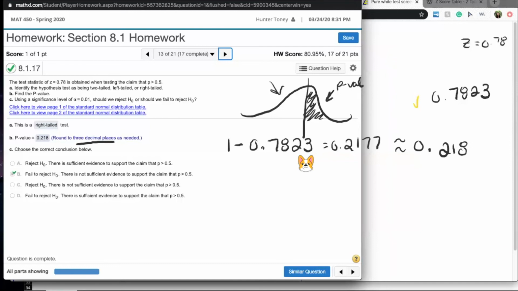All right, so that brings us to the last portion, which is choosing whether or not to reject our null hypothesis.